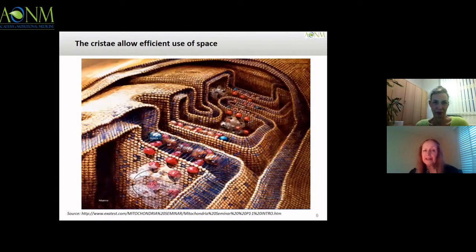The cristae are in there to allow efficient use of space. These electron transport chains are really packed in tight. And so that really makes for thousands of them in each mitochondrion. And interestingly, Professor Konig can actually identify each complex in the electron transport chain and work out where there are blockages.